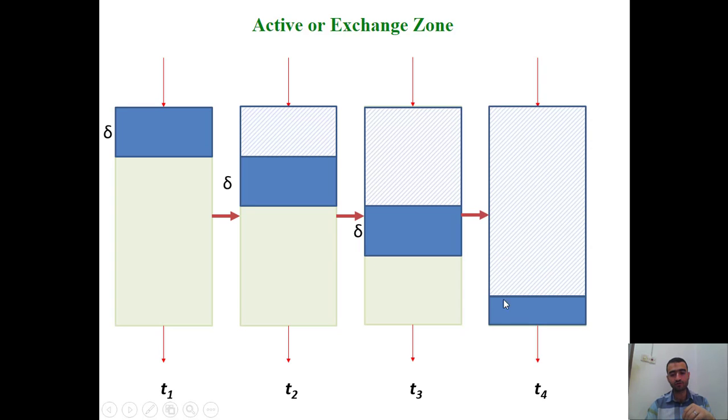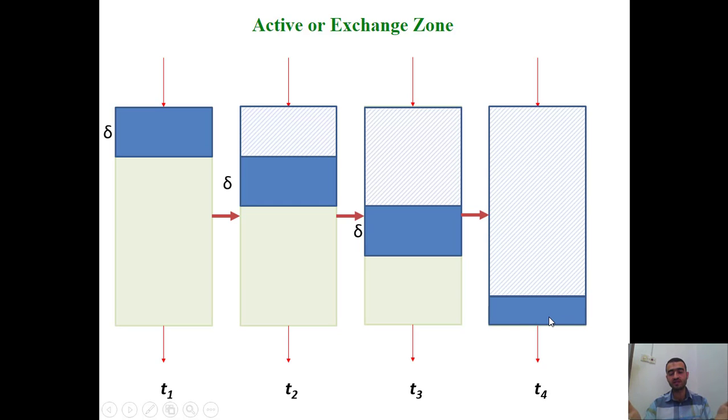But at time equal t4, the delta of the active zone will become very small, and here we can say that the column is almost exhausted. Why? Because when delta becomes smaller, the water quality becomes worse and the efficiency of the ion exchanger becomes less.